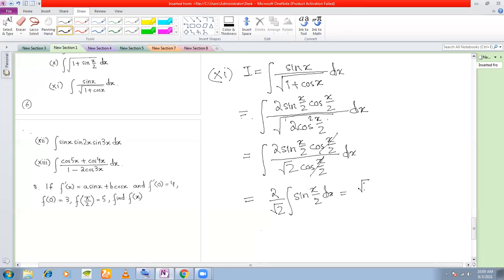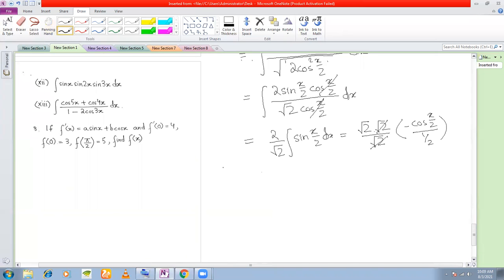Now you can write 2 as root 2 into root 2 divided by root 2, and integral of sine x by 2 is minus cos x by 2 divided by the derivative of x by 2, which is half. So this cancels out. So what you get here is minus 2 root 2 cos x by 2 plus c. And that is your required integral. Okay.